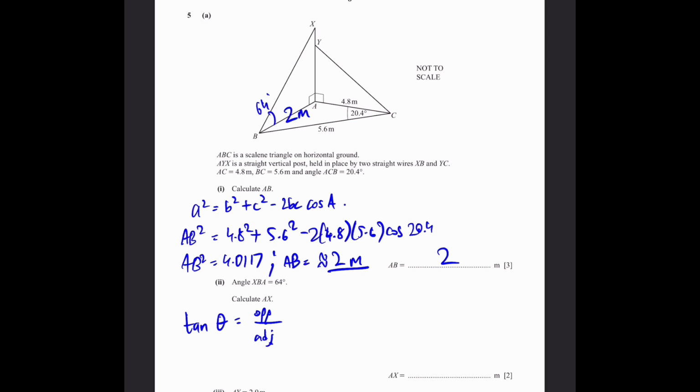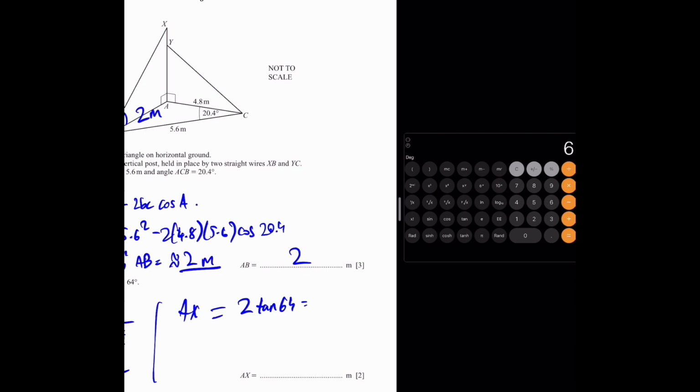In this case, tan 64 is equal to opposite, which is AX, divided by adjacent, which is 2. So AX equals 2 times tan 64, which is equal to, let's get our calculator out, 64 tan times 2, 4.1 meters. That's the answer.